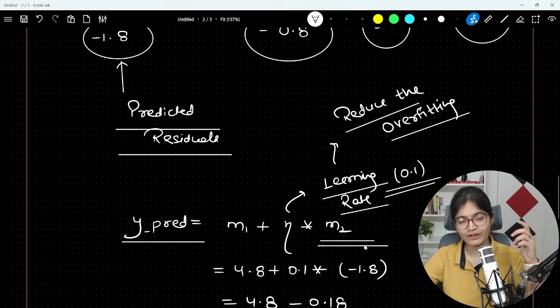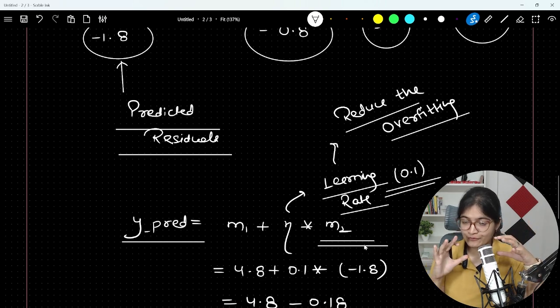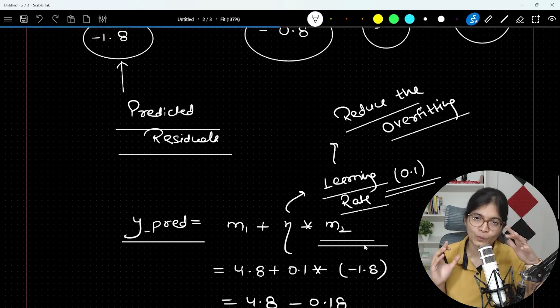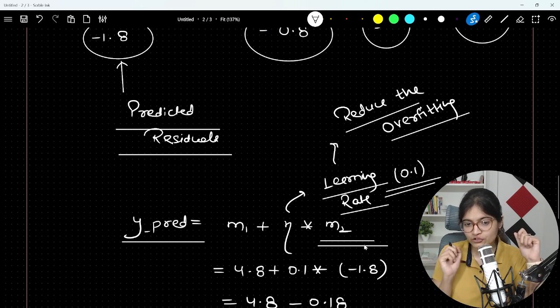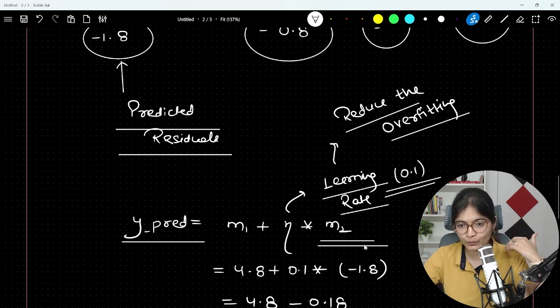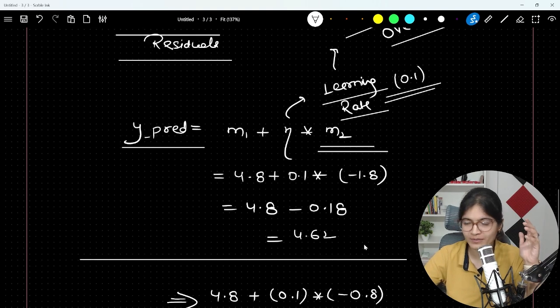So at the end of the day, it's a hyperparameter which we have to tune very carefully depending upon the kind of data we are dealing with, so that it is neither too high nor too low. Usually, in various circumstances and various datasets, it is assumed to be 0.1 by default, and that is the main reason I have taken 0.1 also, right?